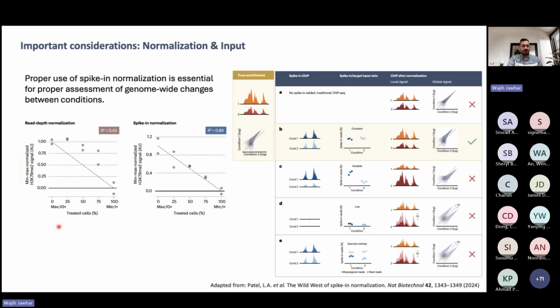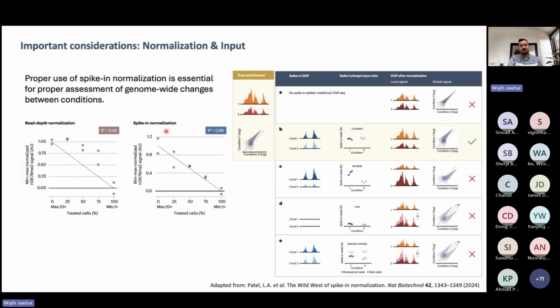So you see here, they added treated cells at 25%, 50%, 75% with untreated cells, and then performed ChIP-seq more specifically. So you can see here, even when 75% of your treated cells are added to untreated cells, the signal for K79me2 is still very high, close to 80% or close to 60%, which is inaccurate.